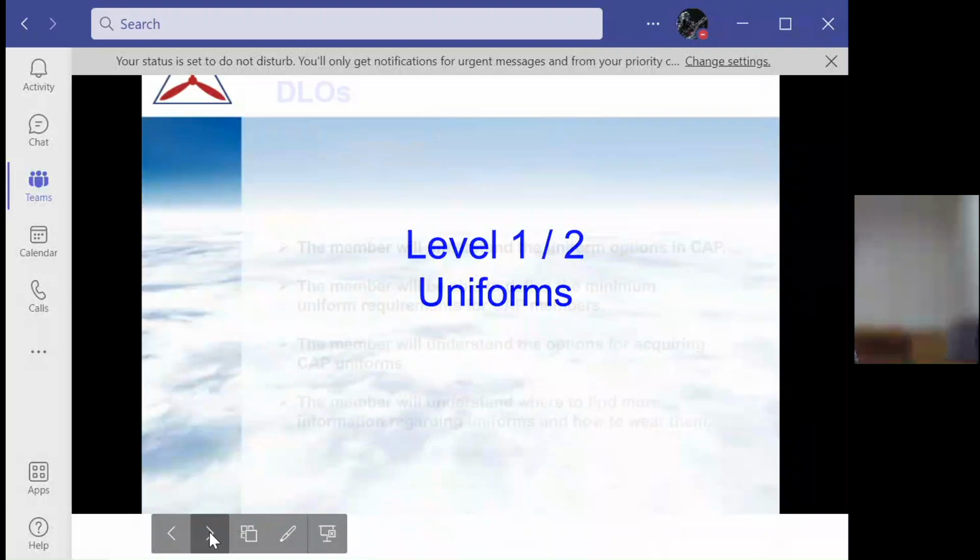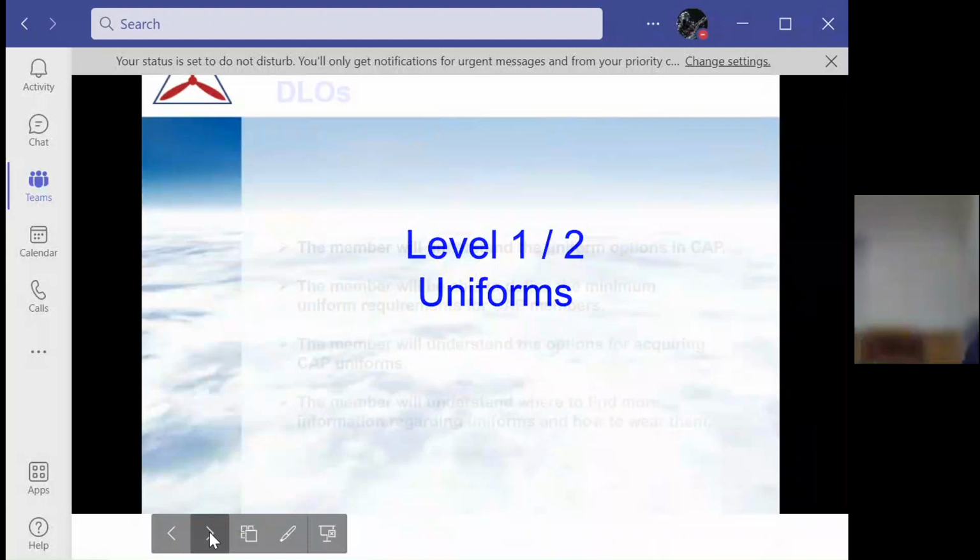Discuss the importance of proper uniform wear to the image, which pretty sure since you were prior military, you've got that. Explain purpose and function of uniform. Describe various uniform combinations commonly worn within CAP. Distinguish among proper times to wear CAP uniforms. Demonstrate basic knowledge of where to look for information on uniform and decoration wear. And discuss various sites where you can get the uniforms.